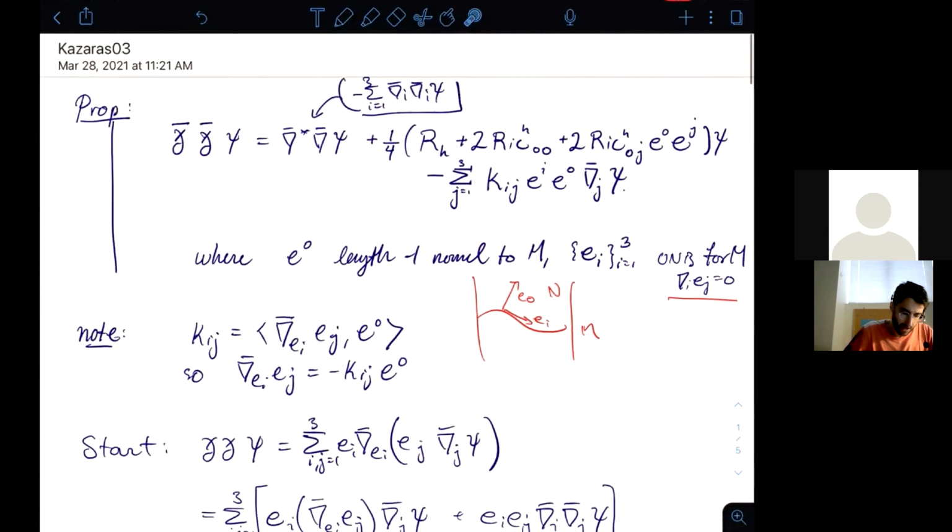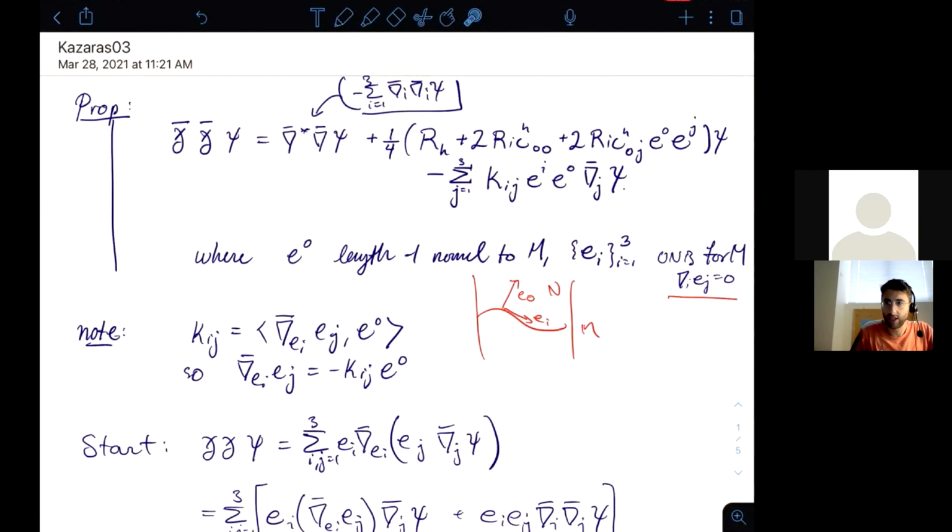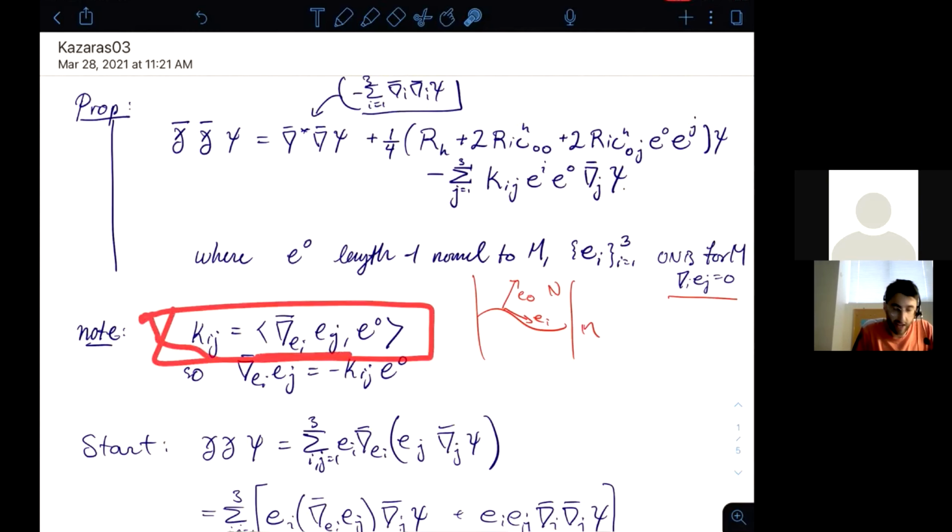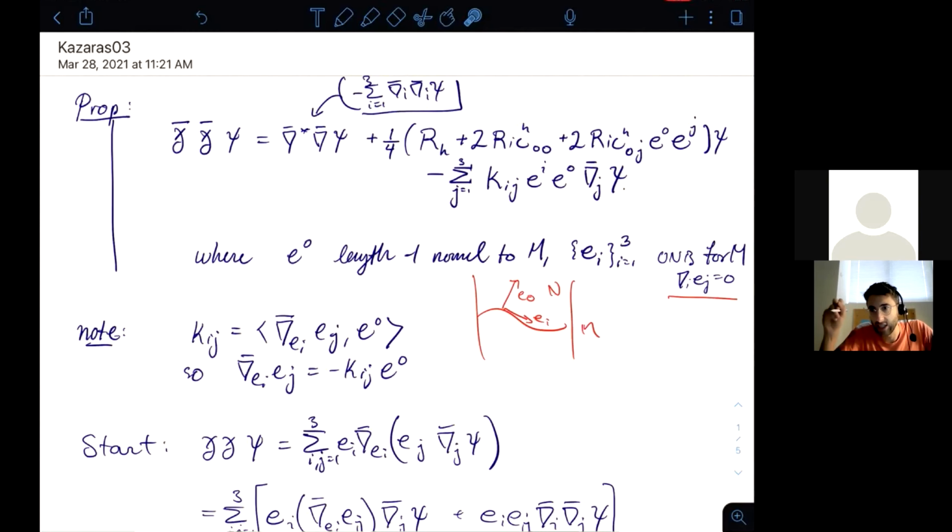Let's notice a few things before we jump right into the calculation. I didn't mention this earlier, but this is the definition of the second fundamental form. It is what you get when you take K_ij, the second fundamental form on e_i, e_j. It's just the normal part of the ambient connection, taking the derivative of e_j in the e_i direction.